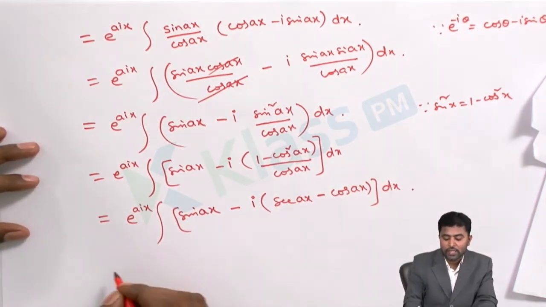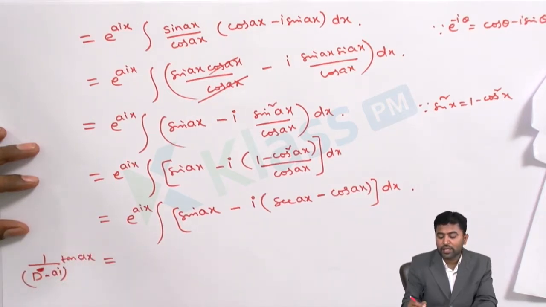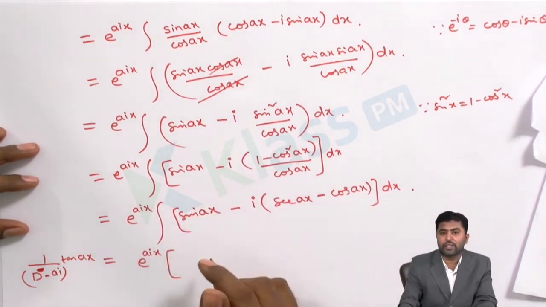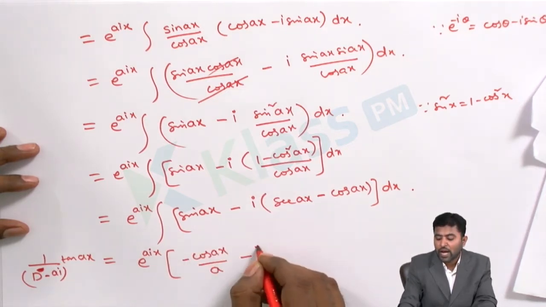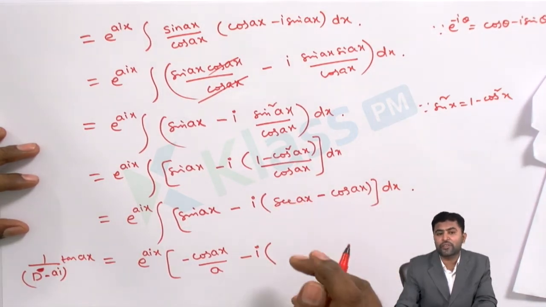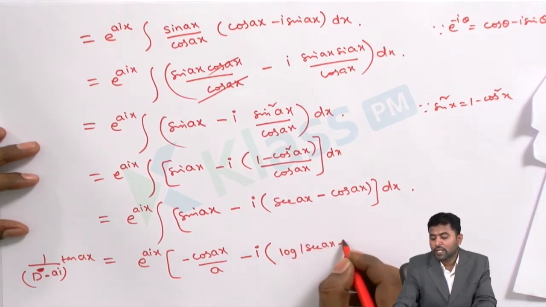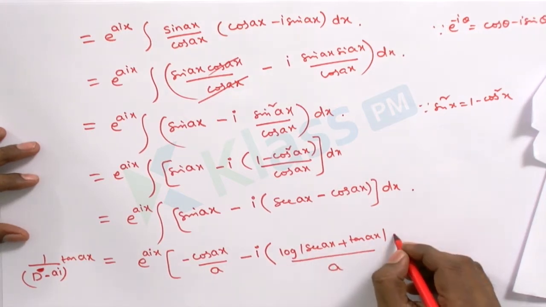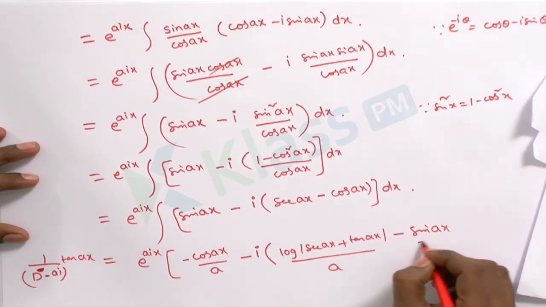Then integrating this, I'll get 1 by D minus ai into tan ax is equal to e power aix, integration of sin is minus cos ax by a, minus i into integration of secant ax, which is log mod secant ax plus tan ax divided by a, minus integration of cos, which is sin ax by a.